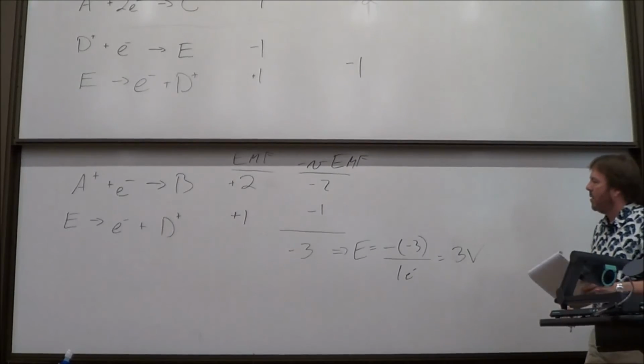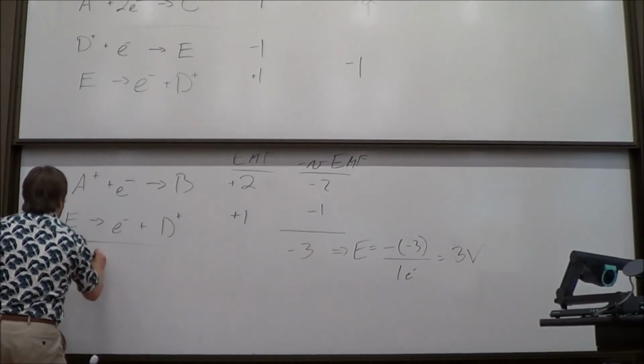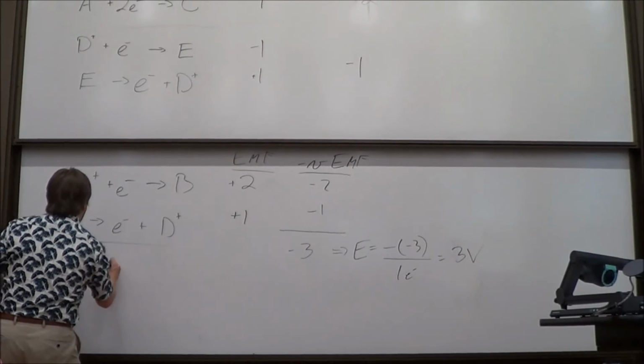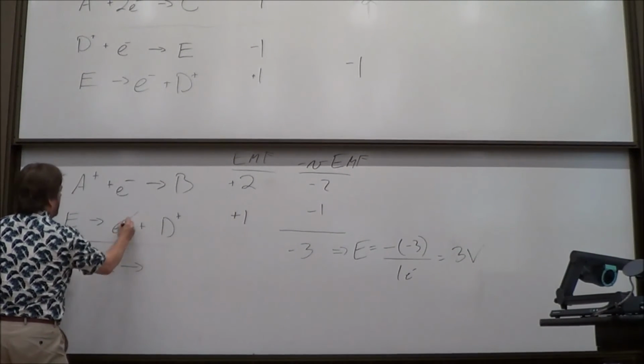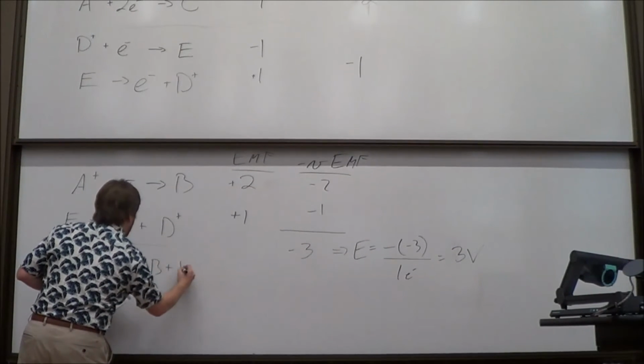Okay, so there you go. And of course, the net is A plus E goes to B plus B.